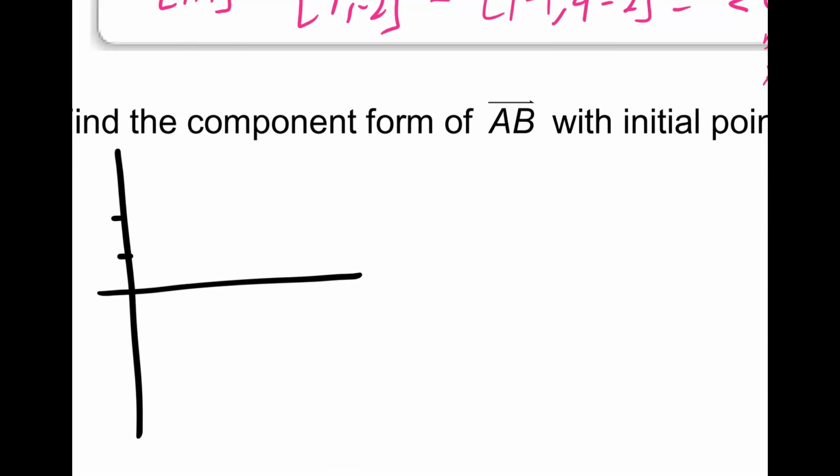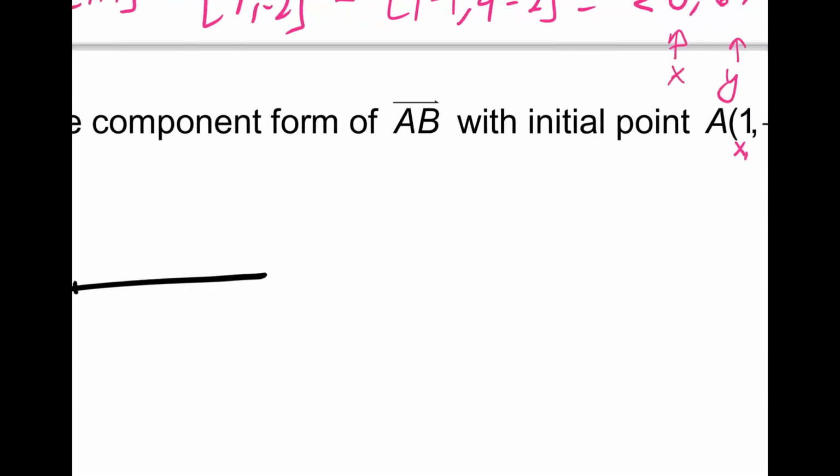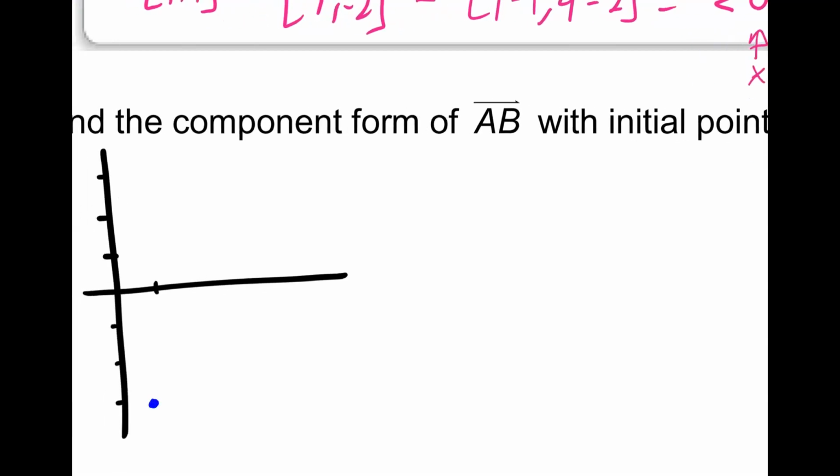It's not evenly spaced. So I have a point A, which is at 1 comma negative 3, right here. Here's my A. My B is at 1 comma positive 3. So my vector is going from A to B, right? Because it's going from where you start to where you end.